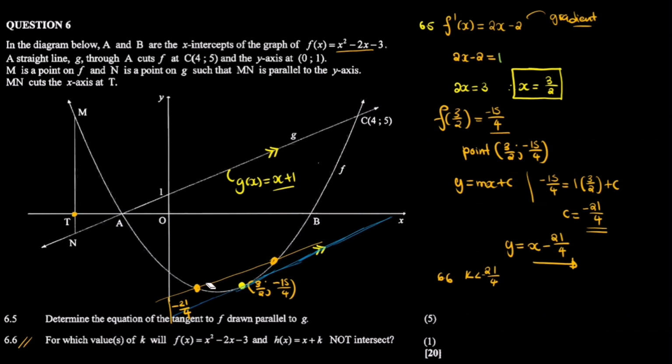If k is greater than this, we're going to intersect twice. But if k is less than this y-intercept, it means that this tangent line is going to shift down, meaning that we're not going to intersect the parabola. So the value of k in this case is k less than negative 21 over 4.